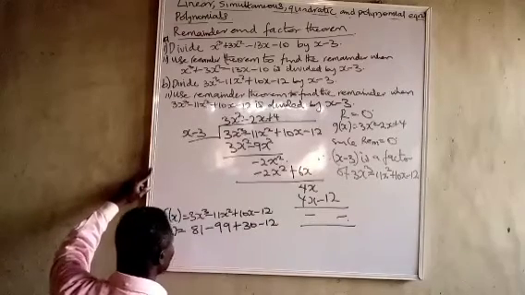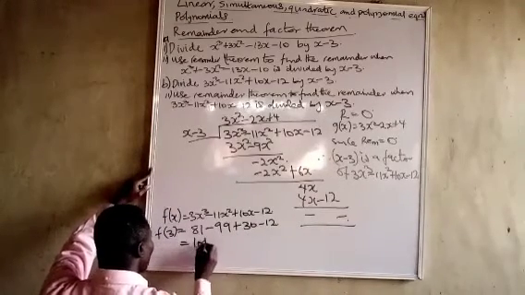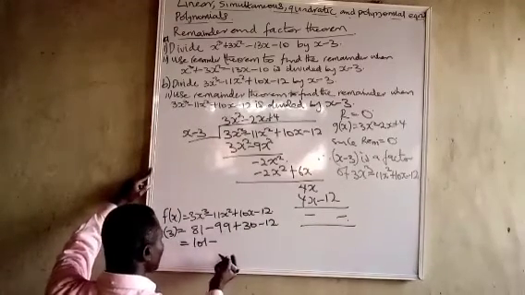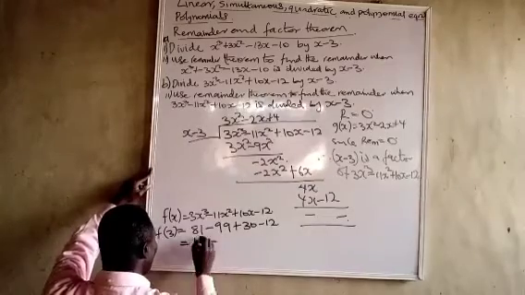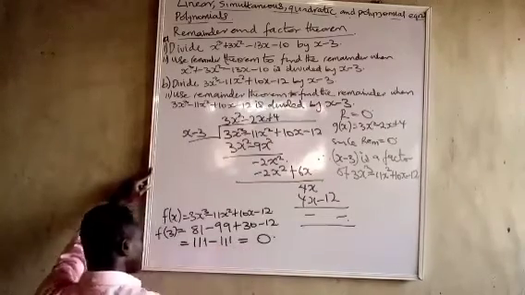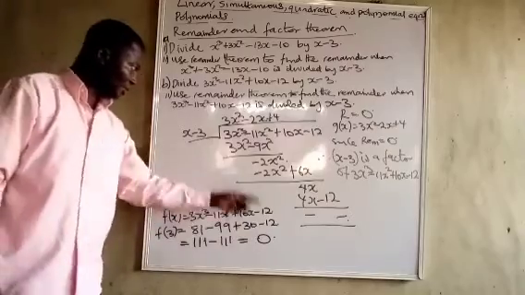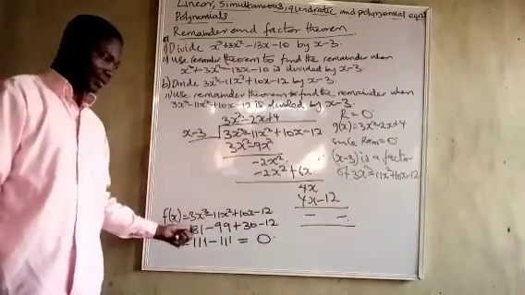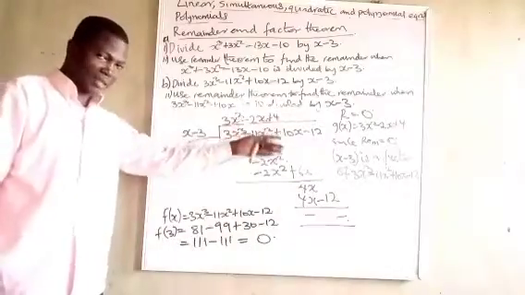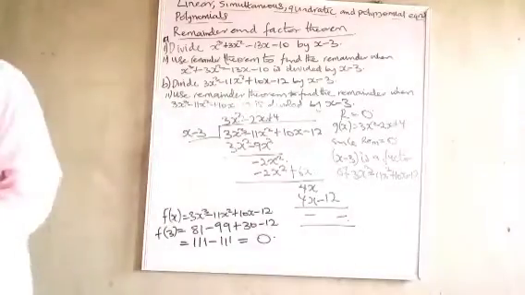So, this one will give me 111 minus 111, so 0, you can see. If I have to find a factor, all I need is to input a value into f of x, and if it gives me 0, it means it is a factor. That is all it means.